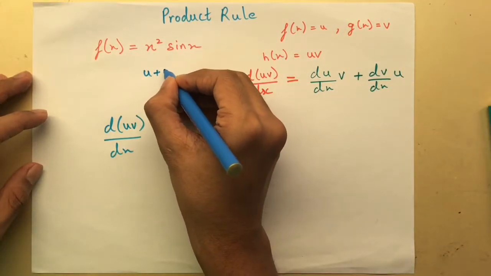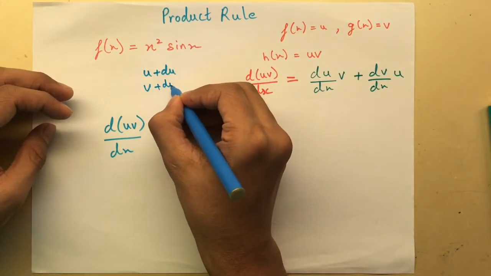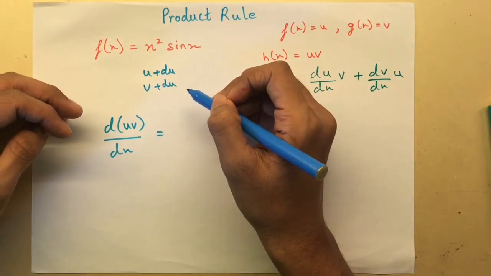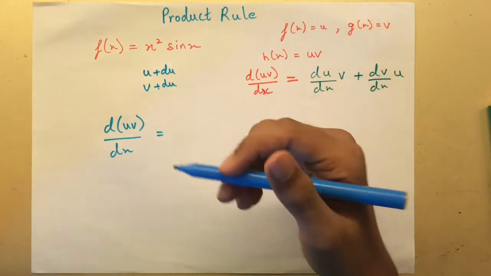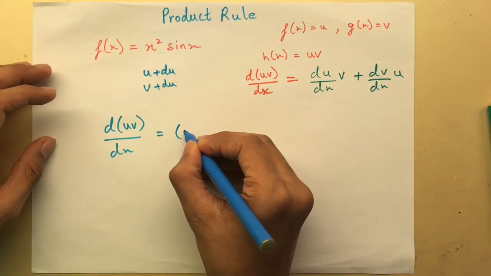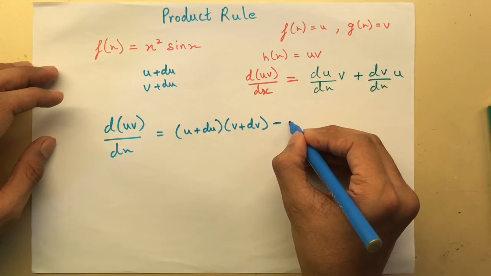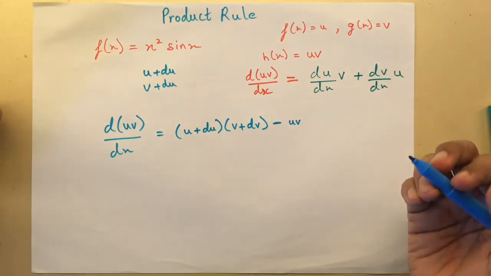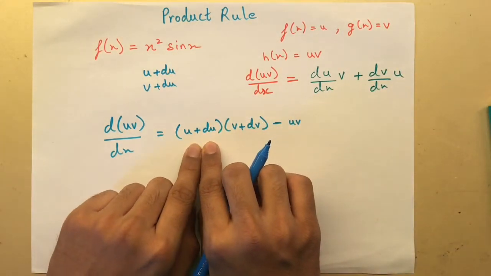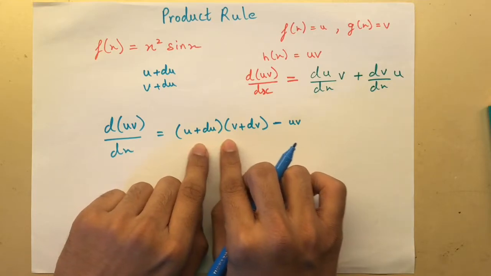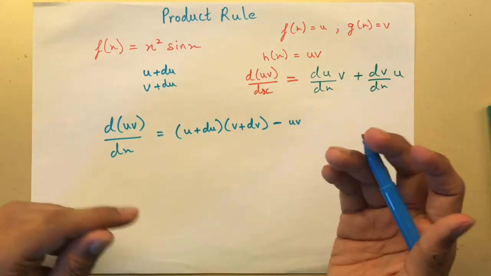If u plus du would be one small nudge of u, and v plus dv would be another small nudge of v, then we could say that the small nudge of the product of u and v could be written as the product of these two nudges subtracted by the product of the value of the two functions at that point. And that kind of makes sense because I'm nudging this slightly and I'm taking the product of the values that have already been nudged slightly and then subtracting it from the initial value.